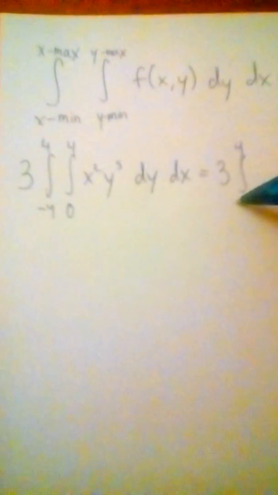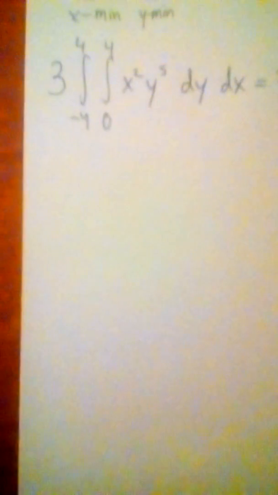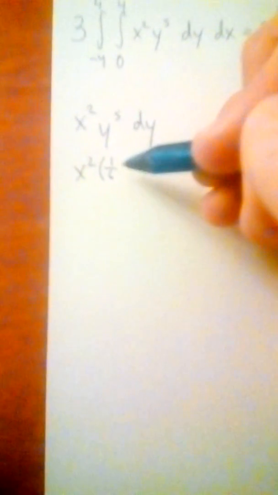Of course, the next step after that, we would actually need to find the antiderivative of x squared y to the 5th. To do that, though, let's start at x squared y to the 5th dy. So in this case, the x would remain constant, so we leave that part, but y to the 5th, the antiderivative would be 1/6 y to the 6th.